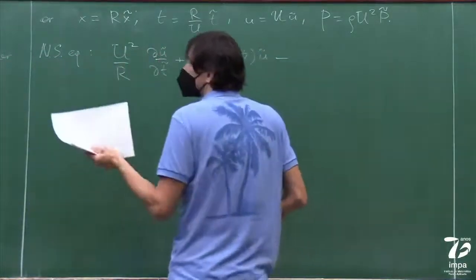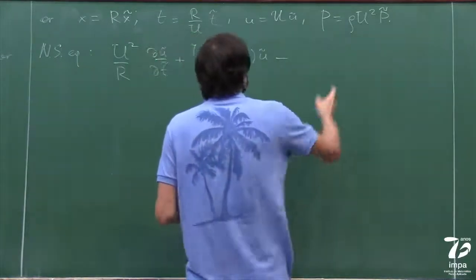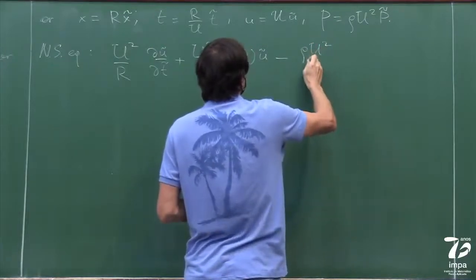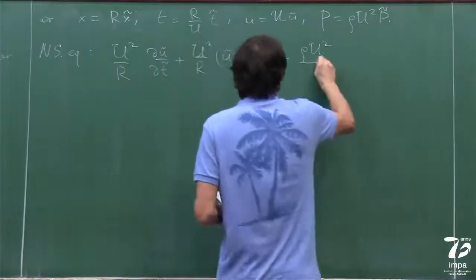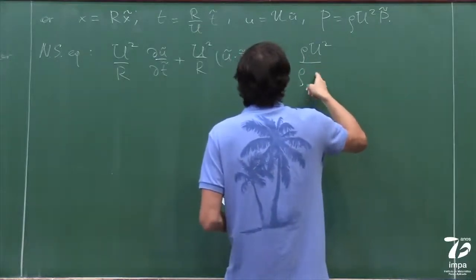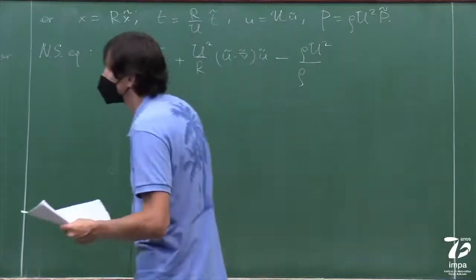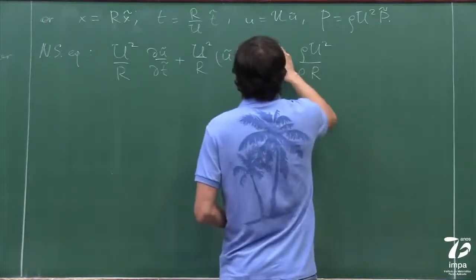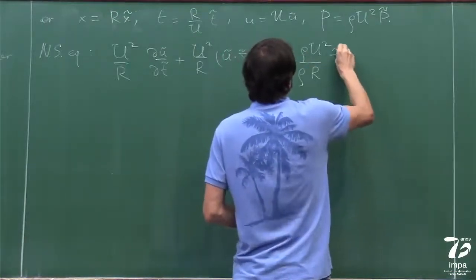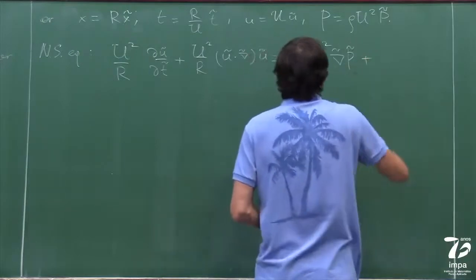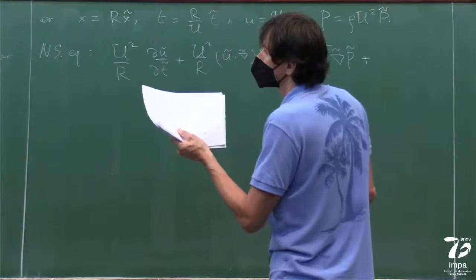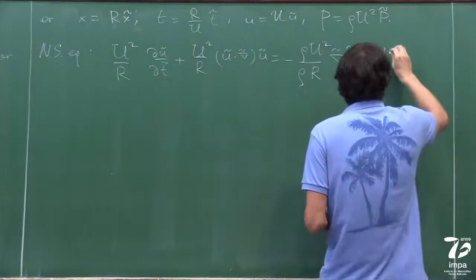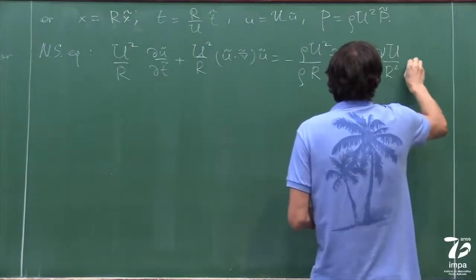Then the gradient of the pressure. The pressure will give rho U squared, and the gradient will give a factor of R. And then the viscous coefficient gives nu U divided by R squared.